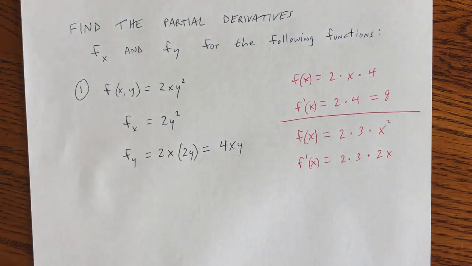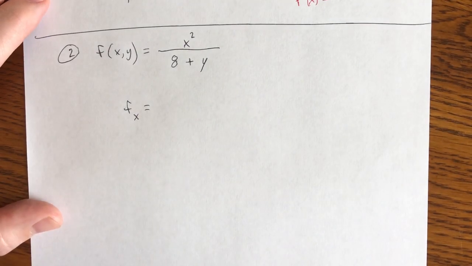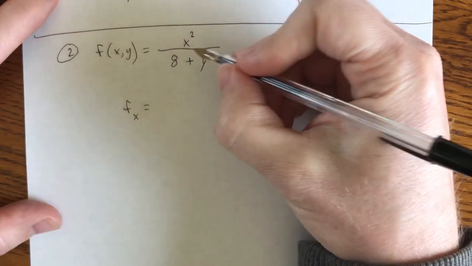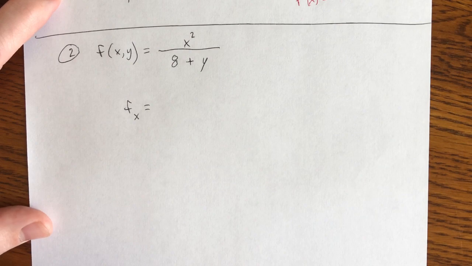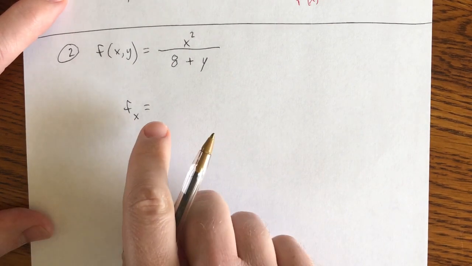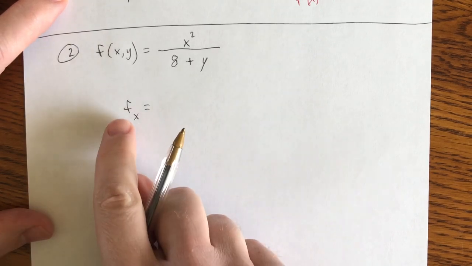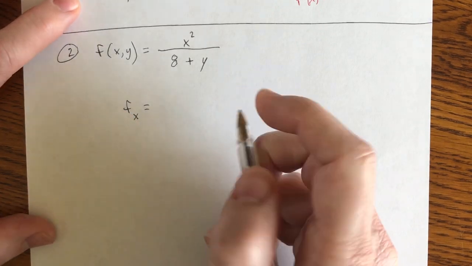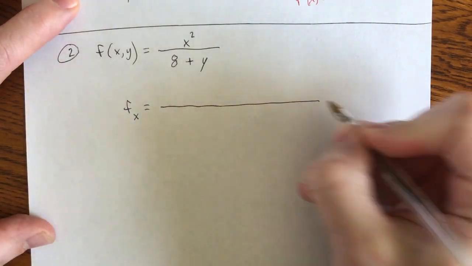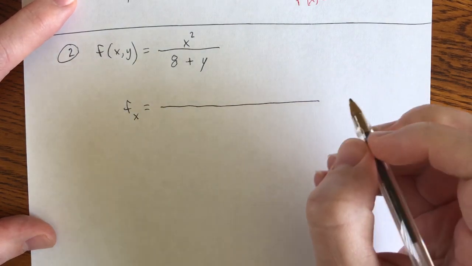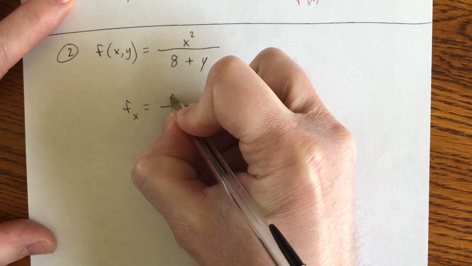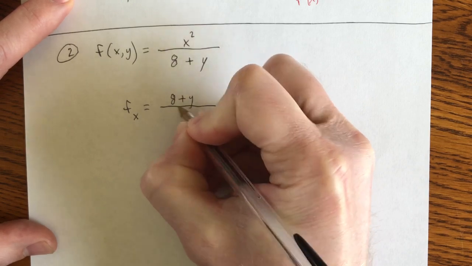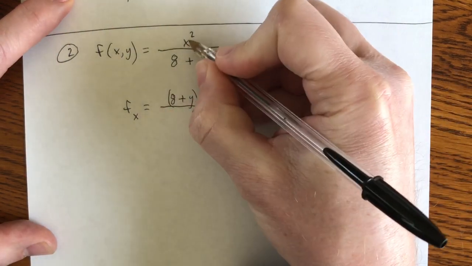All right, let's look at a function that is a ratio of two expressions. So I'm going to go ahead and use the quotient rule to come up with a derivative of this, specifically the first partial with respect to x. Let's do that first. So again, I'm going to use the quotient rule. Well, you're going to do the bottom, or low, first: low, and then d high.